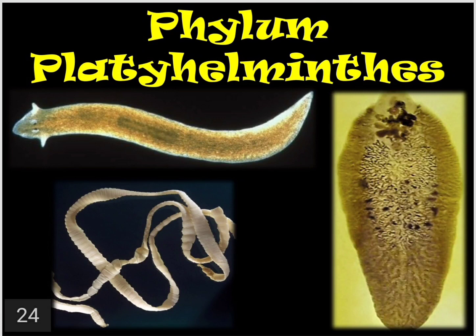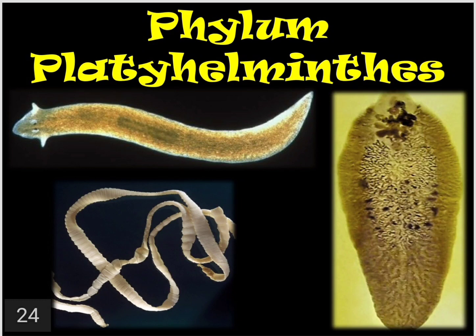Now, most of these animals are endoparasites, which means they live inside the body of other animals. Very few of them are free living and aquatic, which means very few of these animals might be living separately outside the body of animals or in water, but most of them are endoparasites, which means that they live inside the body of other animals.